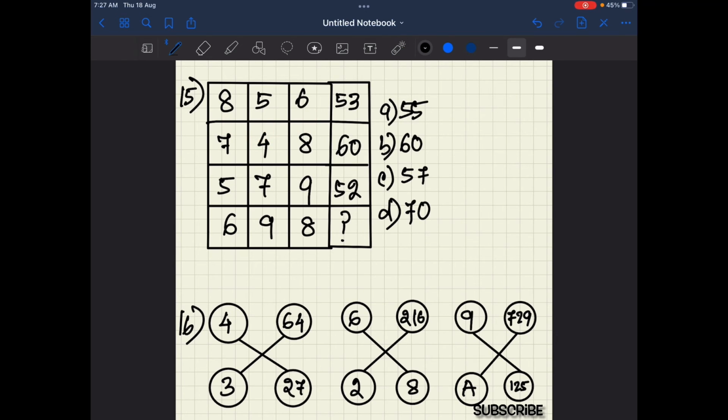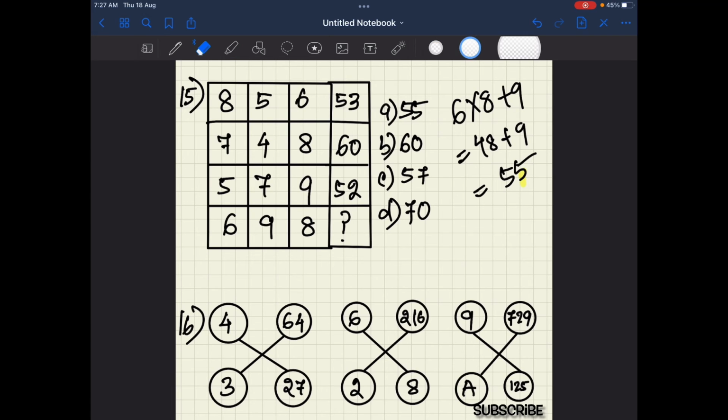We can write it as 6 into 8 plus 9, that is 48 plus 9. Oh sorry, my bad, it's not 55, it's 57. 48 plus 9 is 57.